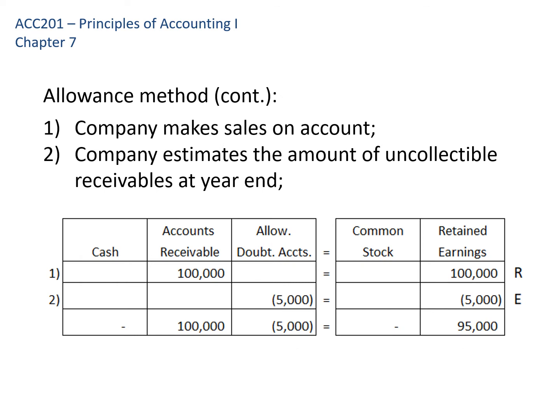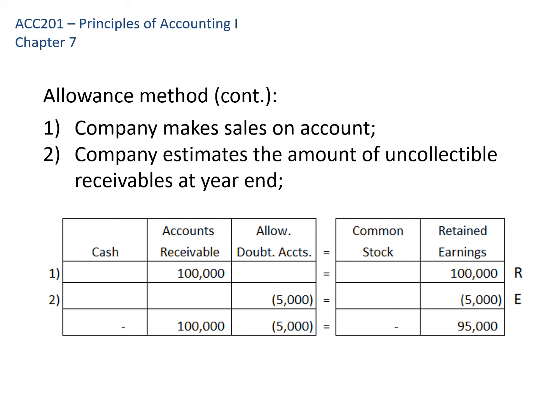So let's take a look at some grids here. So in this case here, the company makes sales on account, receivables goes up, retained earnings goes up. And at the end of the year, I use one of the methods we'll talk about in part 2 to estimate my allowance. In this case, the company estimates that $5,000 out of those receivables is not going to be collected based on some method of estimation, and we recognize the expense at that time.